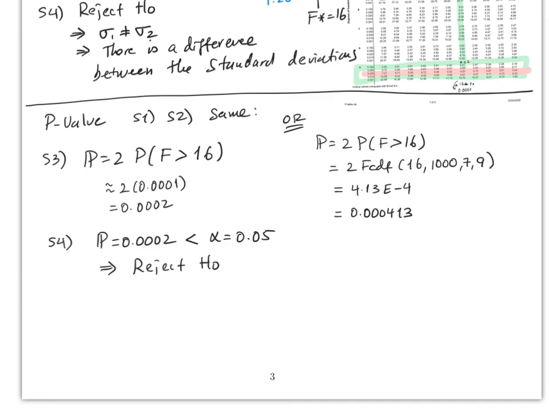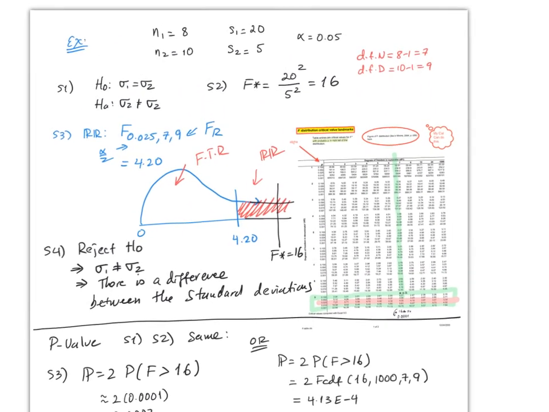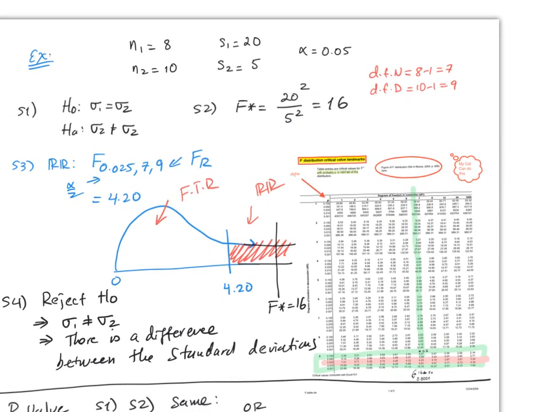Actually, one last thing. One thing you have to be careful about when you do these problems is to make sure that you compare oranges to oranges, and this is what I mean by that. Here, I told you that S1 is 20 and S2 is 25. Sometimes the problem will tell you, well, S2 squared is 25. So you are comparing, obviously 25 is bigger than 20.